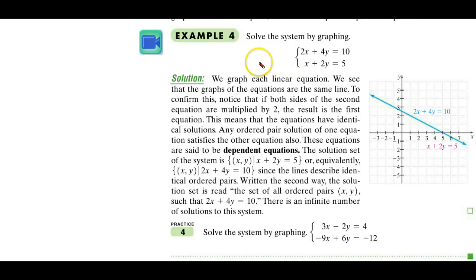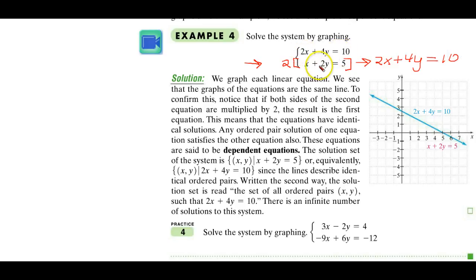In fact, one of the things we're going to show you very shortly is that if you multiply this second equation by a 2, that we're allowed to do from chapter 2, we get here 2x plus 4y equals 10. And that's exactly what this equation is.